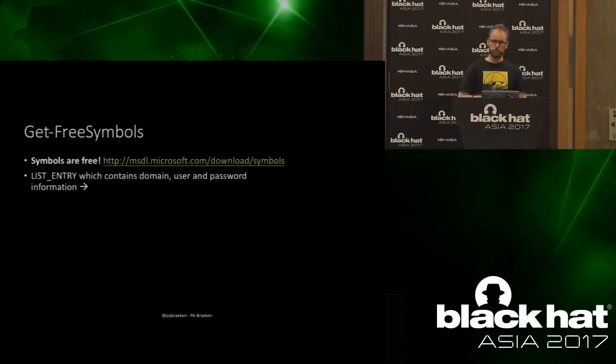So to get a password, you will need several symbols depending on your operating system. The passwords in the memory are contained in a list entry. It's a doubly circular list, and each element is linked together in a nice loop.